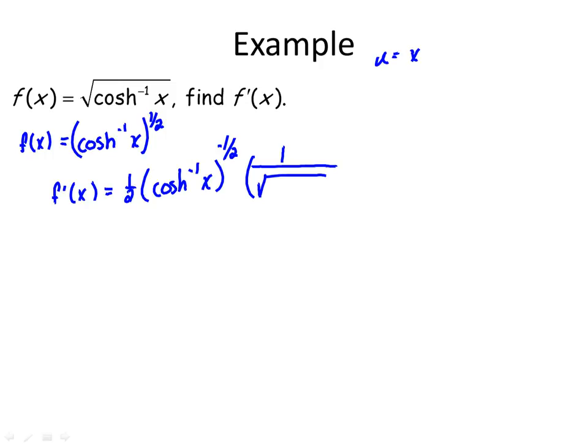There you go. Alright, so we're going to have x. So you're going to have 1 over the square root of u squared, which is going to be x squared minus 1. And then again, the derivative of u is what? So we don't have to worry about it, right?